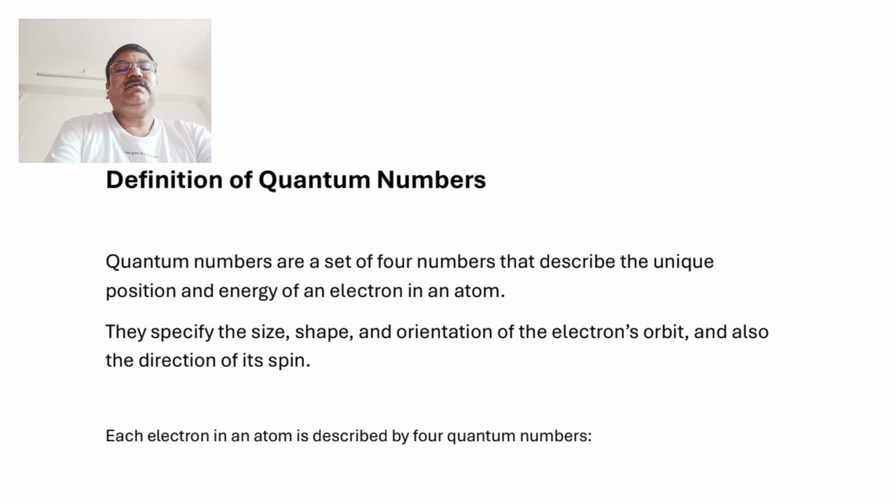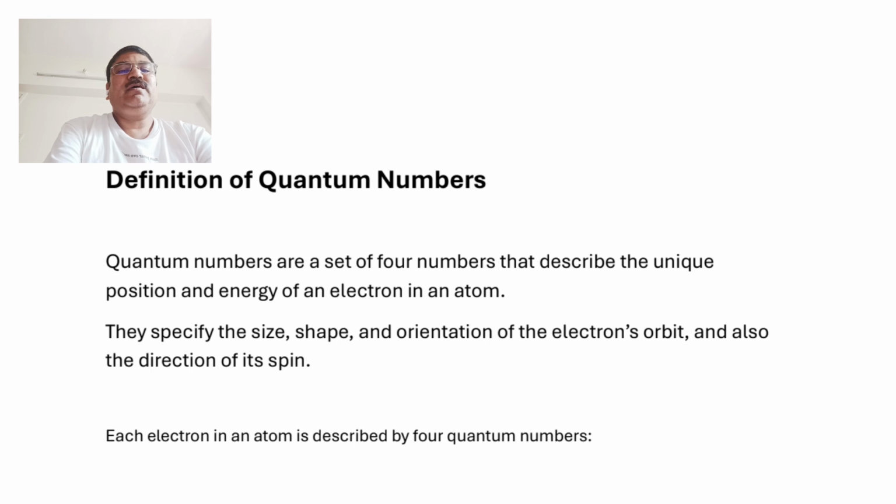Quantum numbers are nothing but a set of four numbers which describe the unique position and energy of an electron present in the atom.